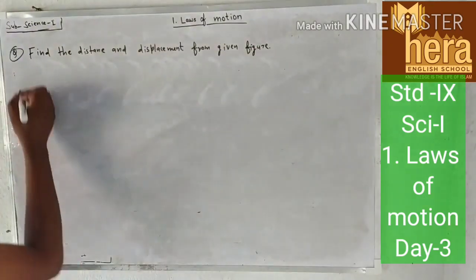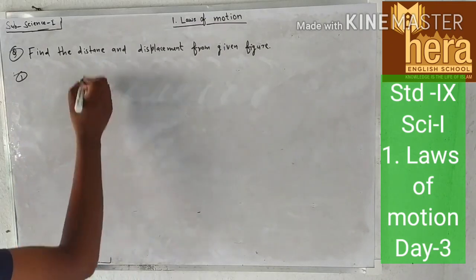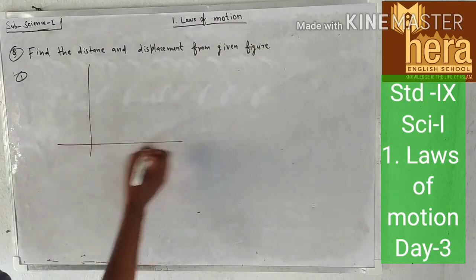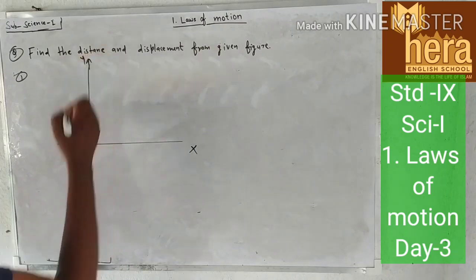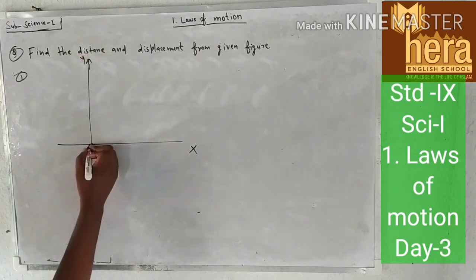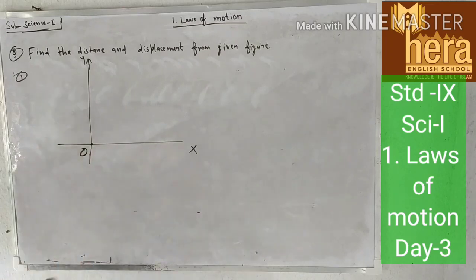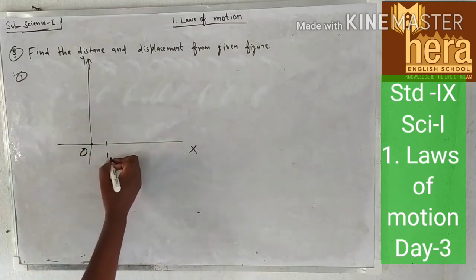Question number 1. This is the x-axis, this is the y-axis. Here is the origin, or 0, O. This is 1.